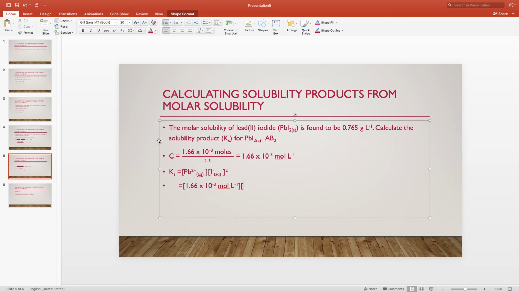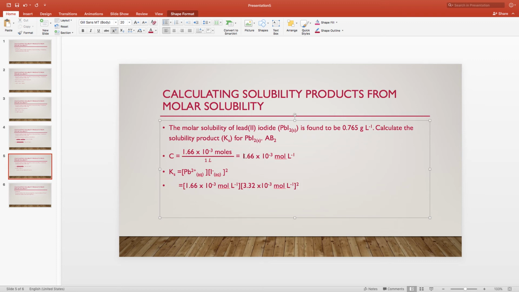So that's going to be 3.32 times 10 to the negative 3 moles per liter. And don't forget, we've got to square this.